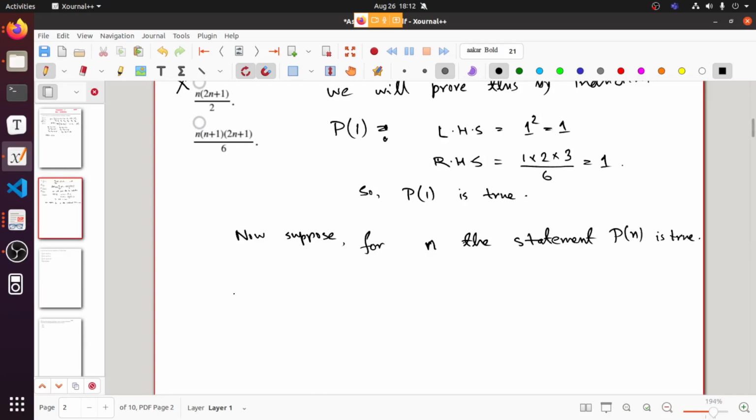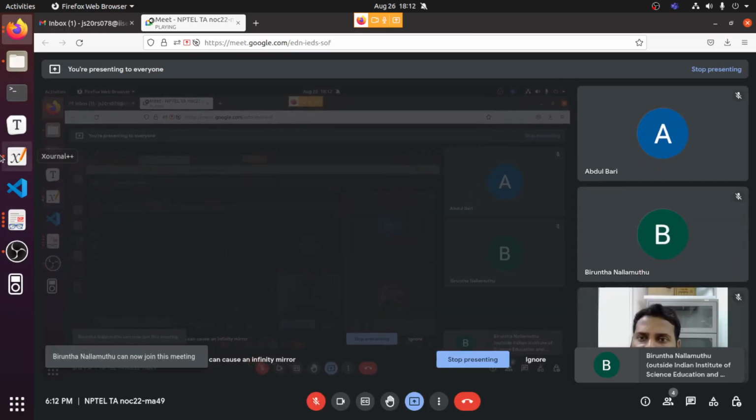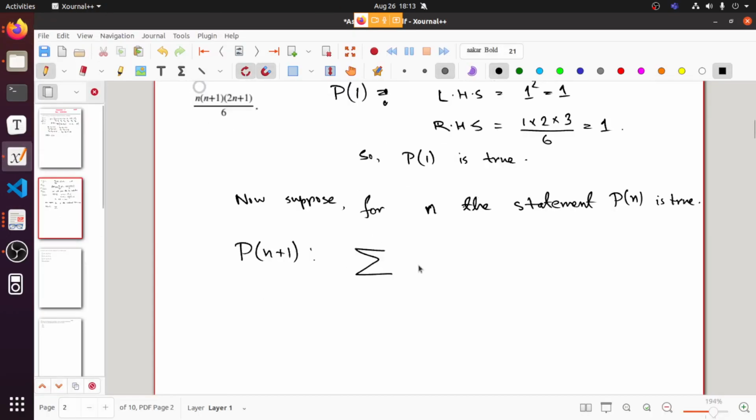Then we will prove that P of n plus 1 will be true. So what is P of n plus 1? We have to prove this. For P of n plus 1, it means k equals 1 to n plus 1.